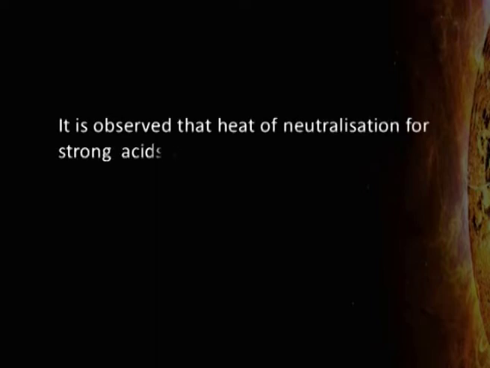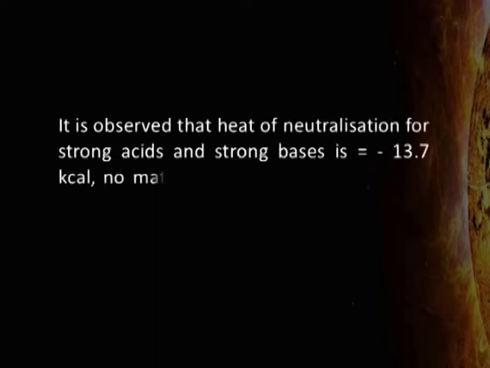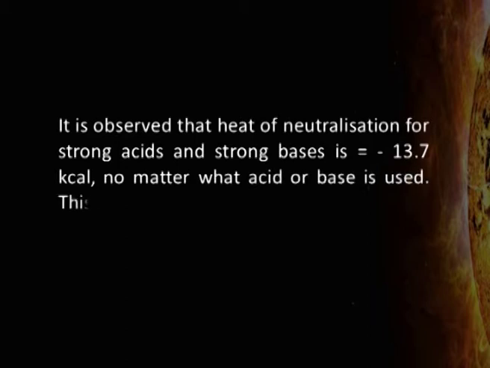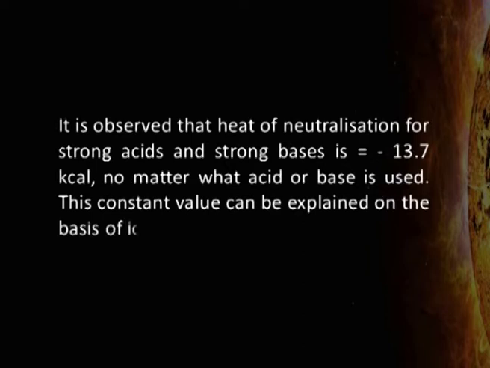It is observed that heat of neutralization for strong acids and strong bases is equal to minus 13.7 kilocalories no matter what acid or base is used. This constant value can be explained on the basis of ionization theory. Strong acids and strong bases are strong electrolytes and exist as ions in dilute solution.